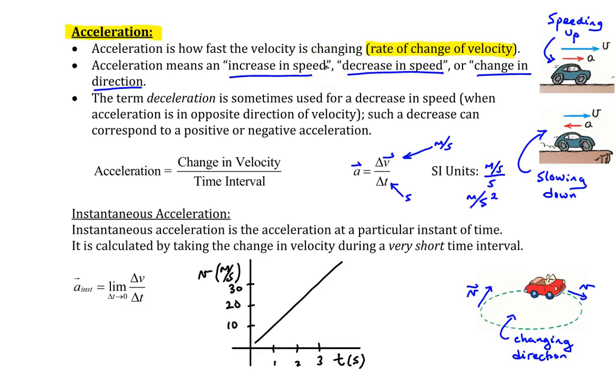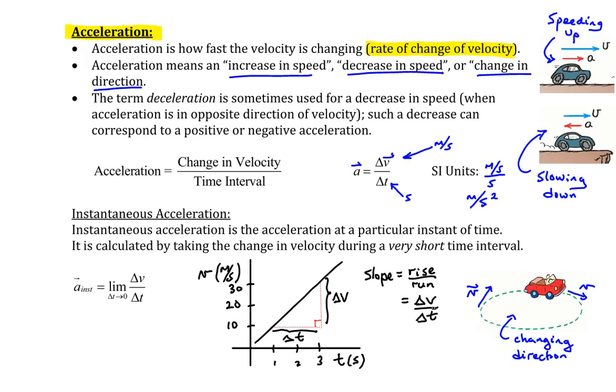Now, if I were to ask you to take the slope of this graph, what do you think that represents? So the slope is equal to rise divided by run. What is the rise? That's change in velocity. What is the run? That is the change in time. So if the slope is the change in velocity divided by the change in time, what does it represent?